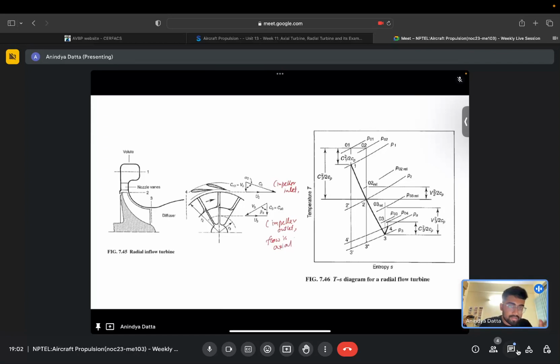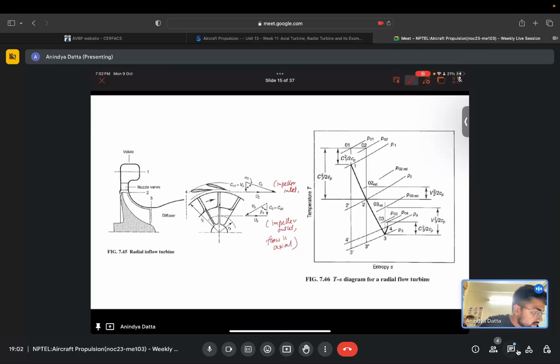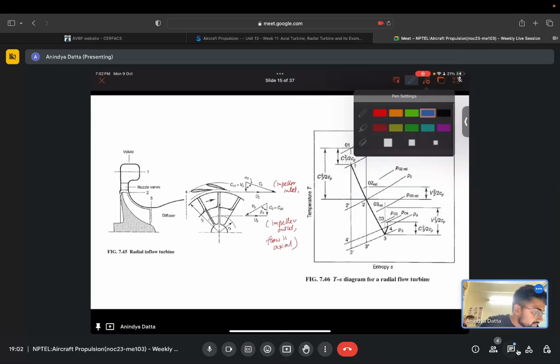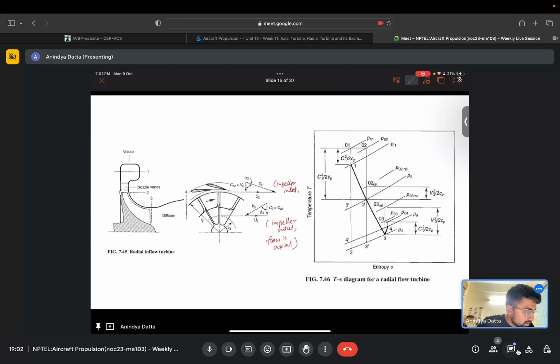So the flow comes out axially and comes in radially. Now the rightmost figure is our TS diagram. First, this is the state point 1, where the pressure is P1 and the temperature is T1.